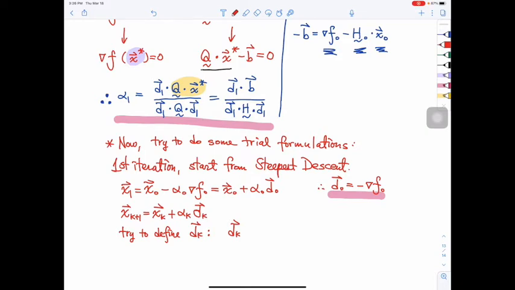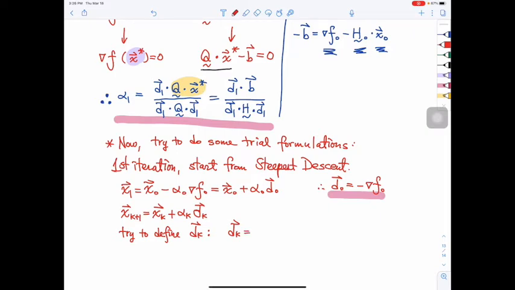If we use Hessian, that means we're using Newton's method. So how can you not use Newton's method but still follow Q orthogonal? Since we try to define dk, there's a way.